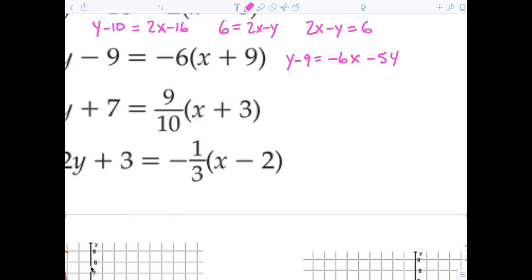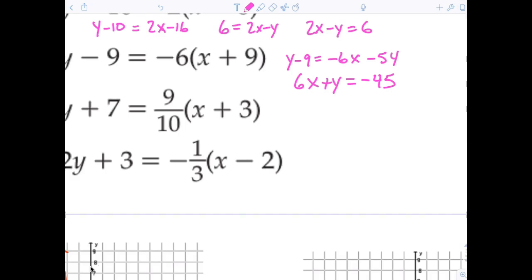So plus 6x. And then you have to plus 9. So it equals y plus 6x equals negative 45.